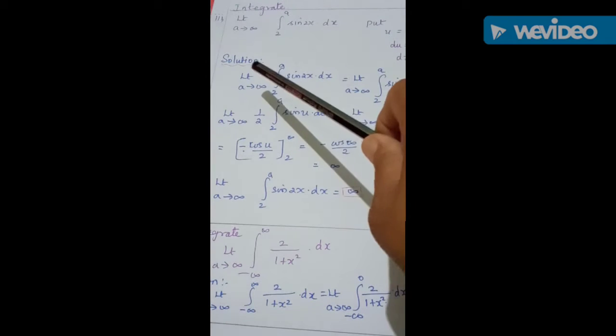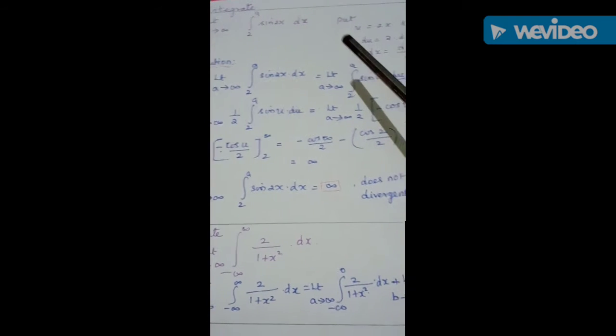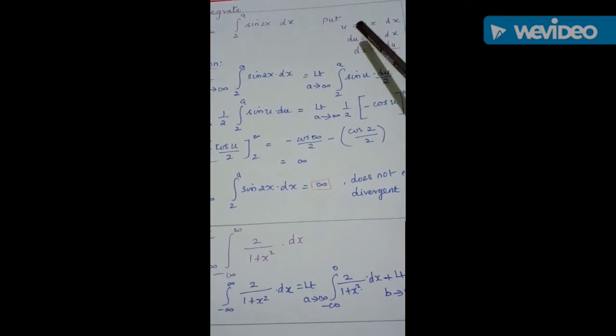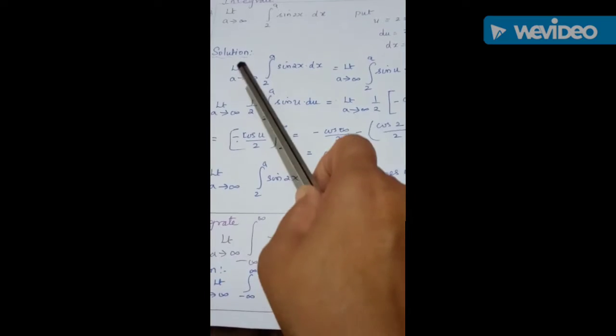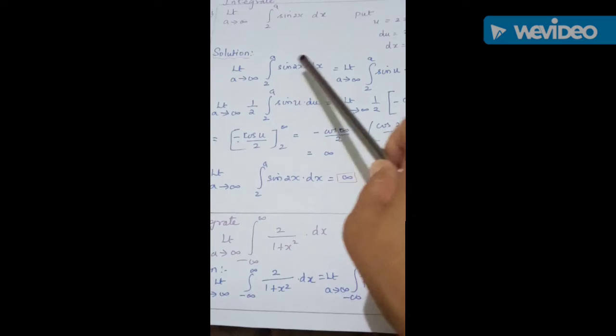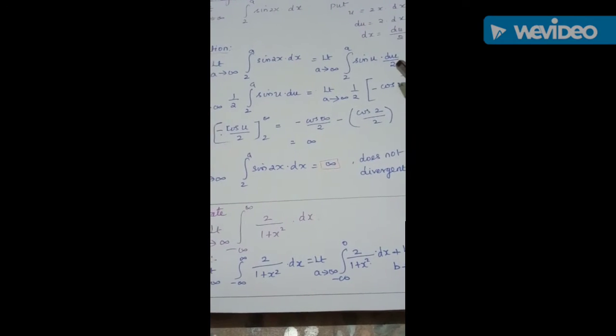Solution: as in the previous problem, we put u equal to 2x. Differentiating, du equals 2 dx, so dx equals du divided by 2. Coming to the sum, limit a tends to infinity integral of 2 to a sin 2x dx equals limit a tends to infinity integral of 2 to a sin u du by 2. Instead of dx, we write du by 2.